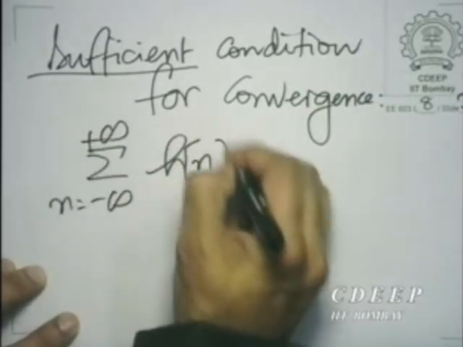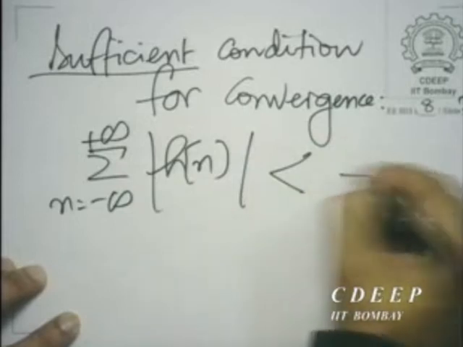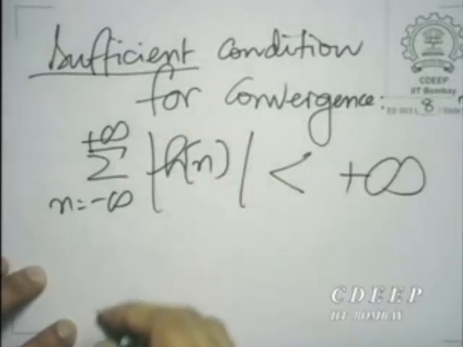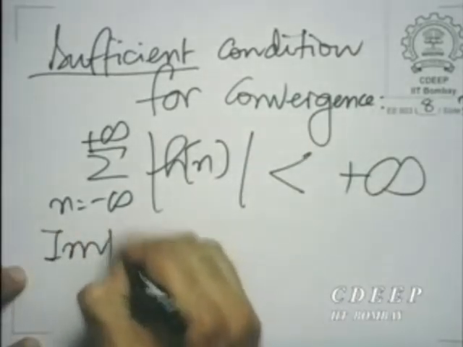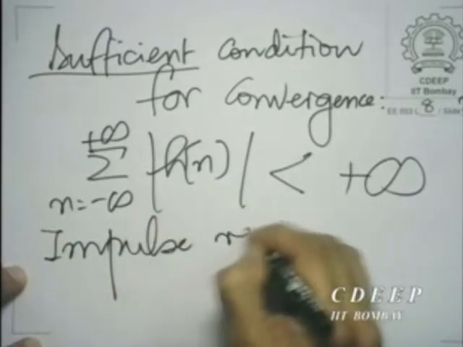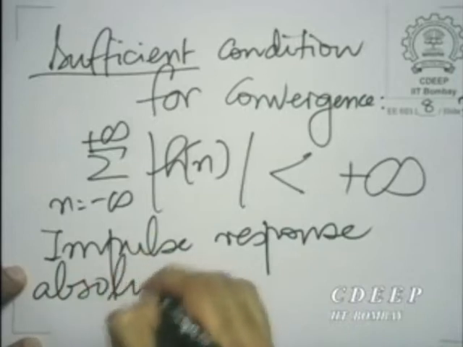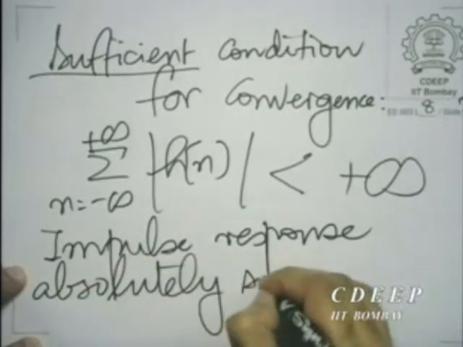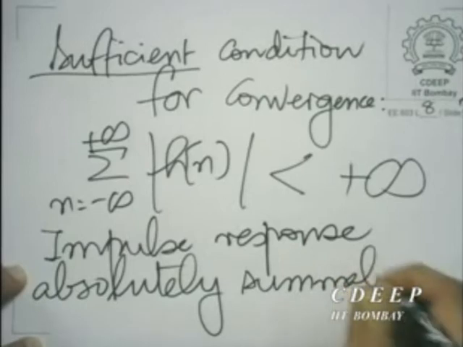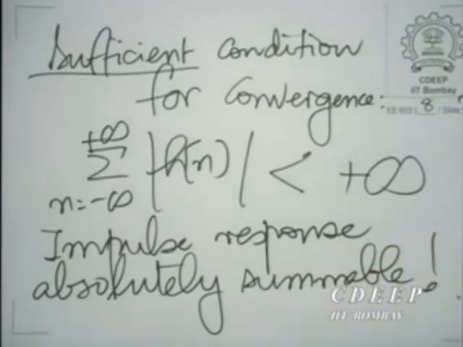Hn, when summed over all n, is finite. So the impulse response is absolutely summable. We were trying to give this a further interpretation.